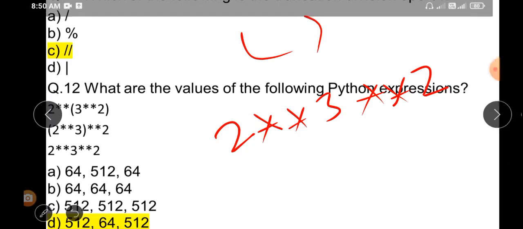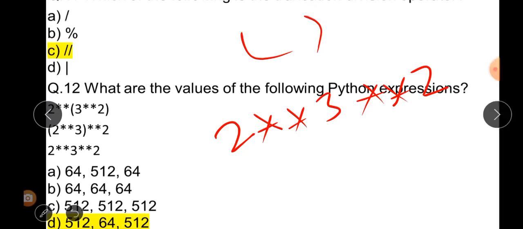Which has the highest priority? Now when there is no sign of parenthesis, and there is a single operator, that is exponent, which is represented by double star, then it should always be evaluated from right to left.